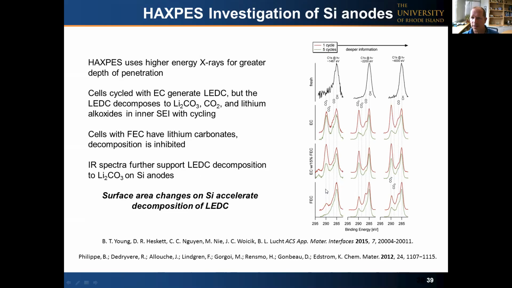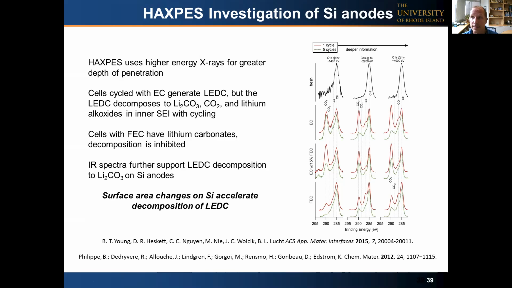Alternatively, when we have FEC around, we see a significant reduction in the generation of the lithium alkyl carbonates. And also, as we go from 1 cycle to 5 cycles, and we go with the depth profiling, the composition of the SEI doesn't change. What this tells us is that the inner SEI, in the case of EC-based electrolytes, is evolving.